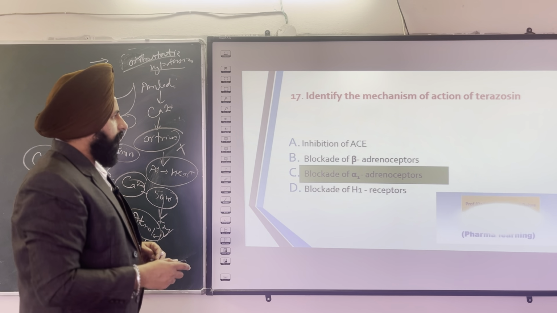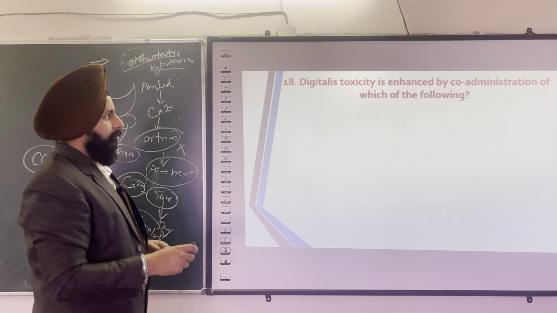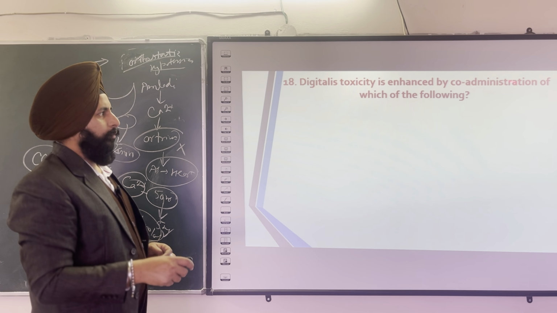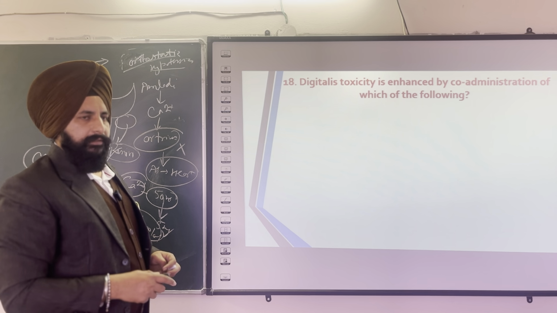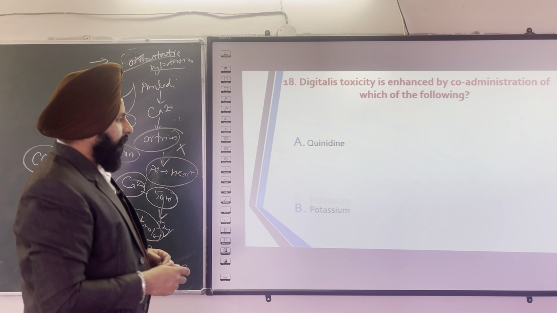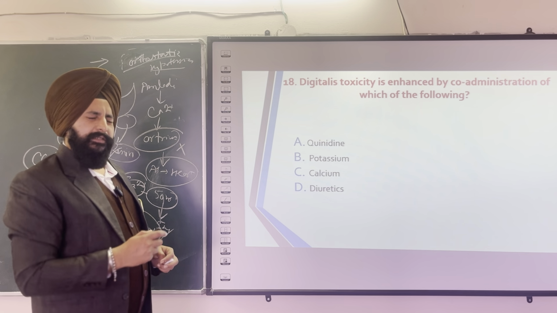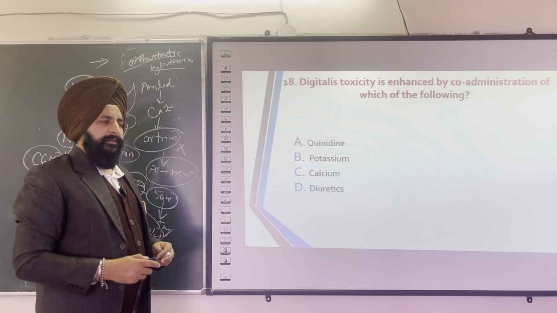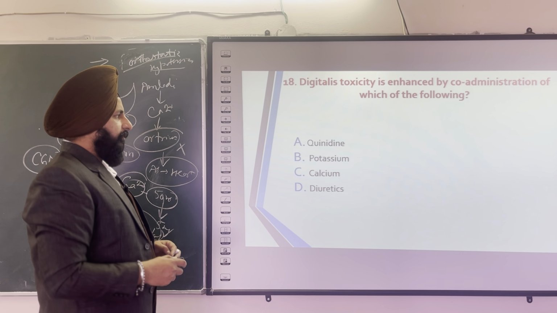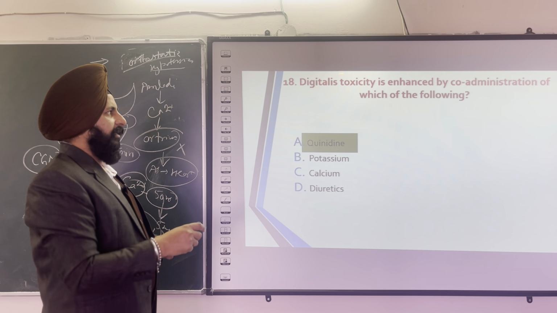The next question for this GPAT series is, digitalis toxicity is enhanced by co-administration of which of the following? Quinidine, potassium, calcium, and diuretic. You choose the correct answer. The correct answer is quinidine, which causes digitalis toxicity.